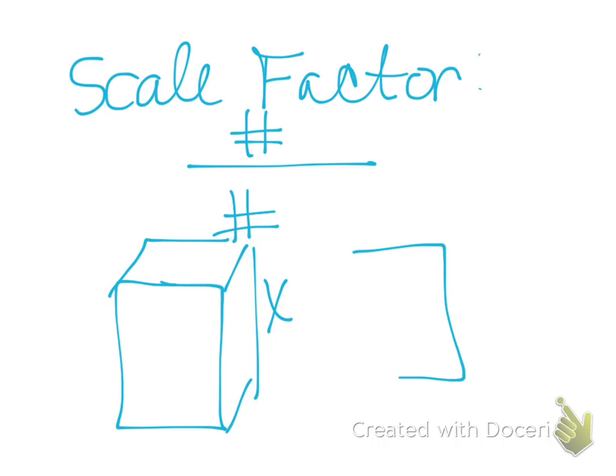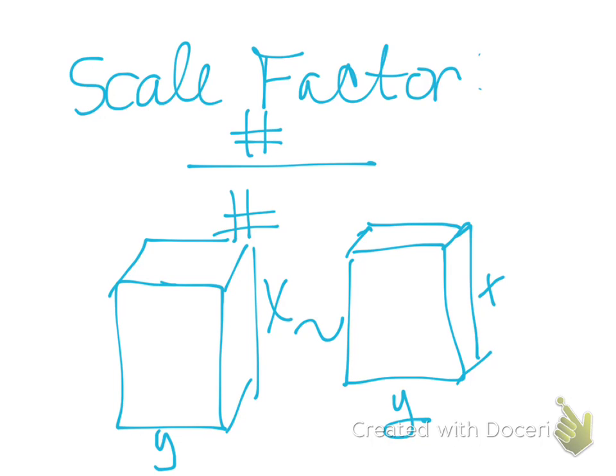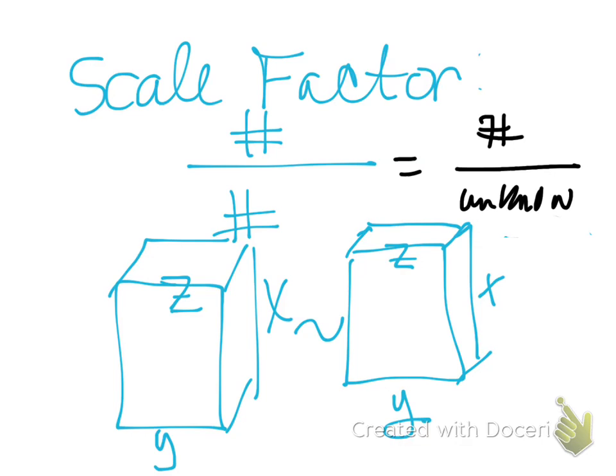So x to x in your similar shape, or y to y, z to z, right? You're looking at the similar sides. If it's a circle, look at your diameter, look at your radius. You're looking at the corresponding side lengths and you're setting up a ratio. And then you're using that and setting up a proportion, right? Equals something, a number over an unknown, or an unknown over a number.